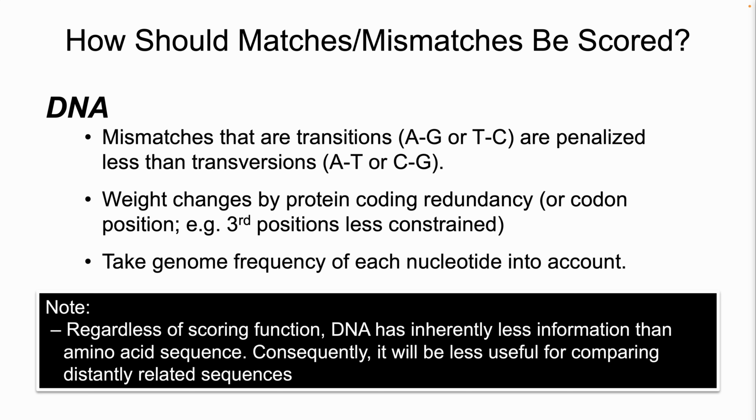Why is there less information in DNA sequence than protein sequence? Well, does it have to do with there being more combinations and possibilities for an amino acid sequence? Why are there more combinations? Because there's like 16 amino acids and only 4 nucleotides.